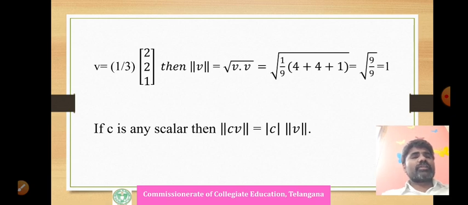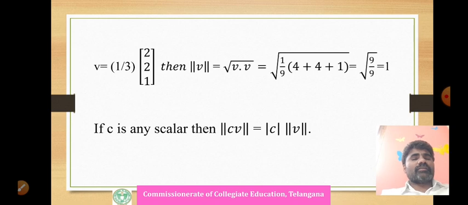Then norm v equals the square root of v dot v, which equals 1 by 3 square, that is 1 by 9, which comes outside, times 4 plus 4 plus 1, that is 9. 9 by 9 equals 1, so norm v square equals 1. That's why this vector is called a unit vector.